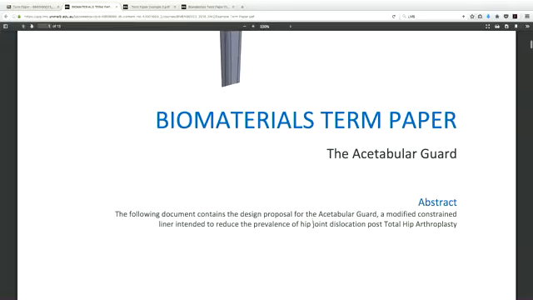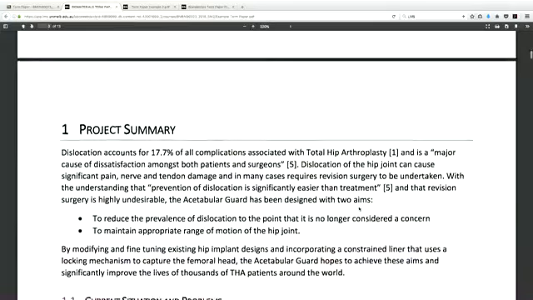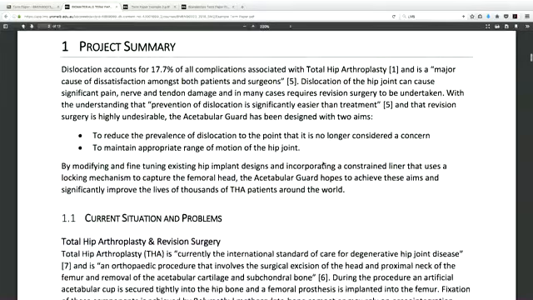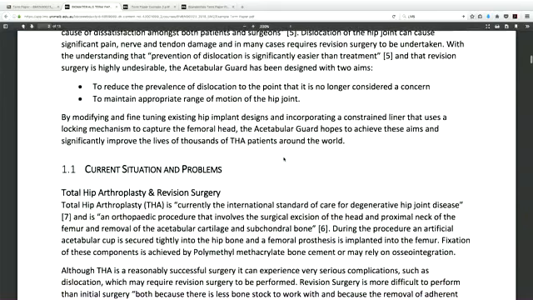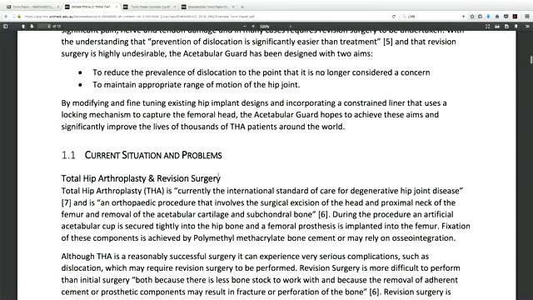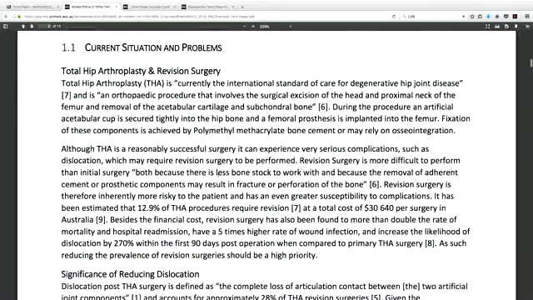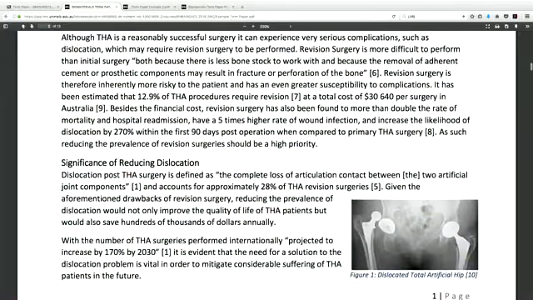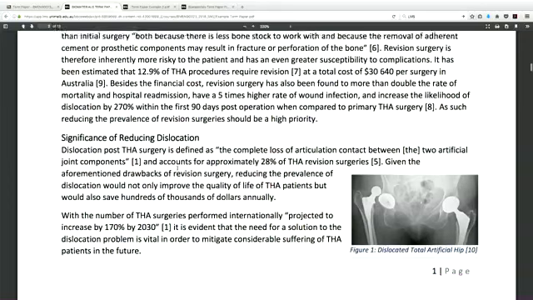So basically this is the proposal: the project summary, the current situation and problems, about total hip arthroplasty. They talk about the significance of reducing dislocation. So that scope of work that you saw earlier is for this proposal paper.